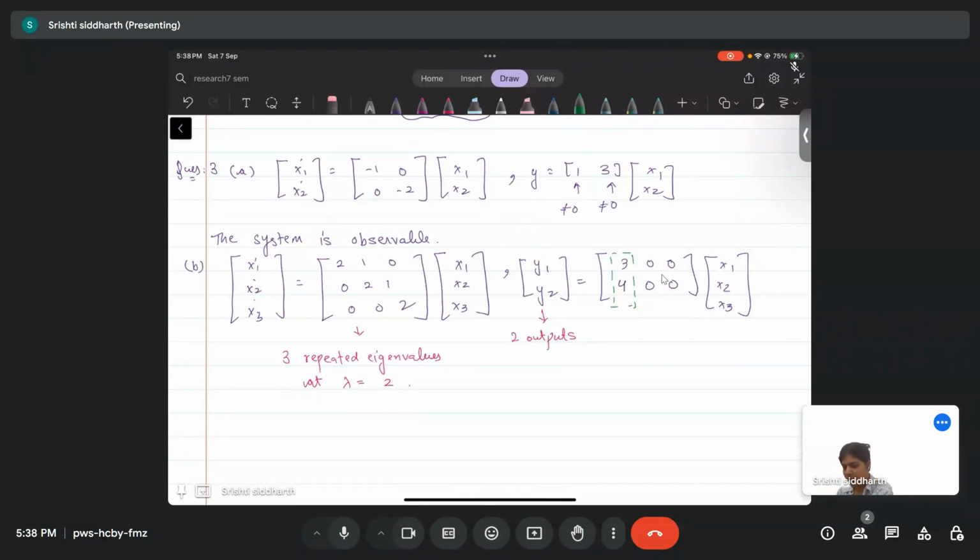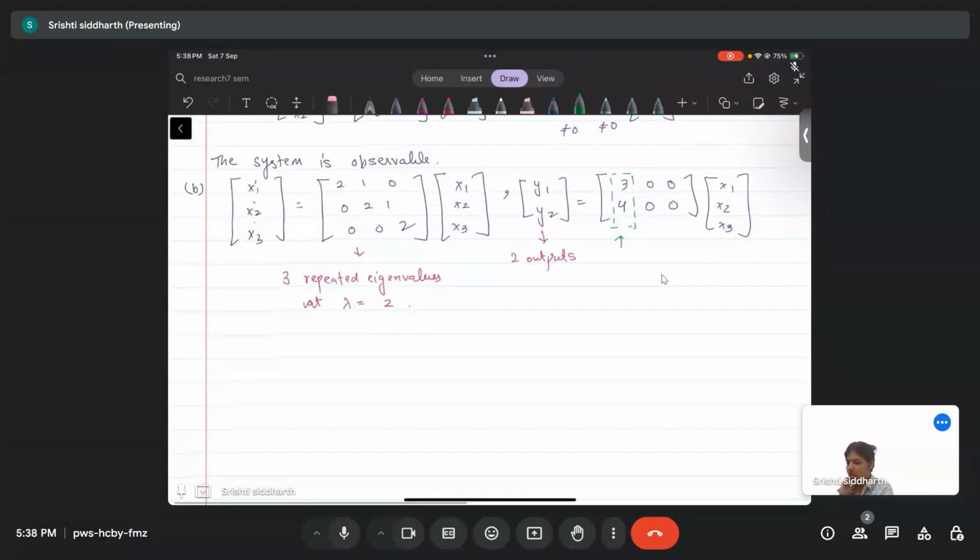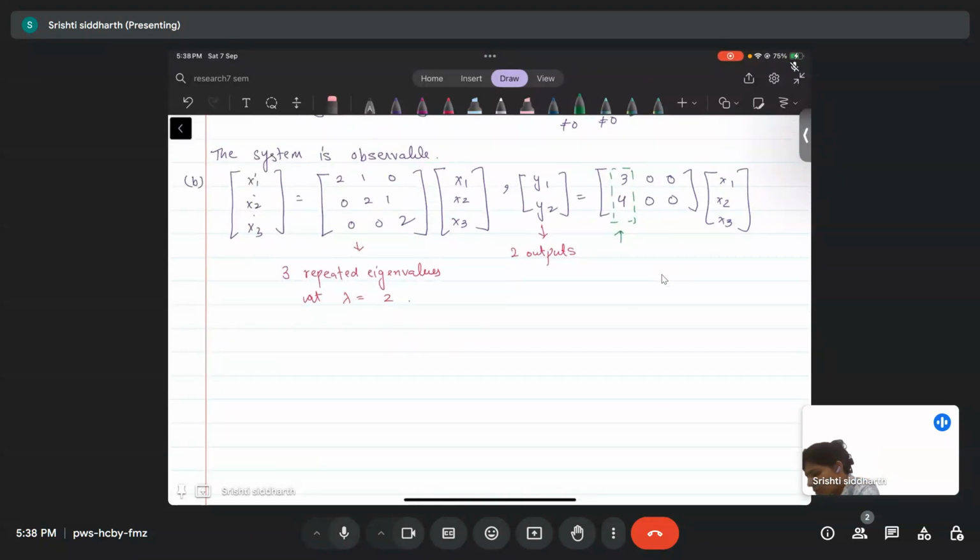So in the case of repeated eigenvalues, we look at the first column of the corresponding state block in the C matrix. So the conclusion is that the system is observable.